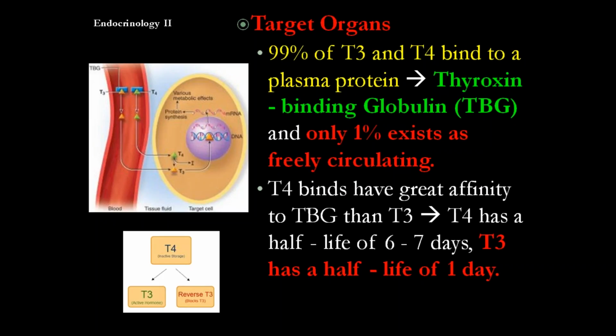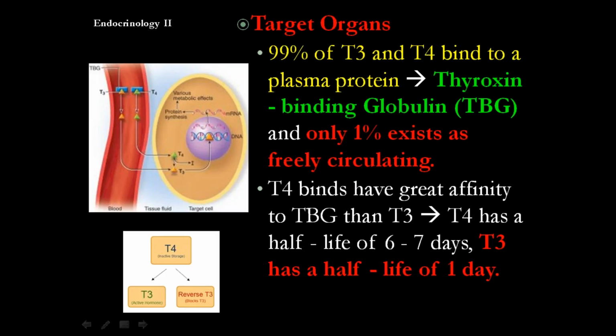T4 in the circulatory system can last about a week. Meanwhile, T3 is about one day.